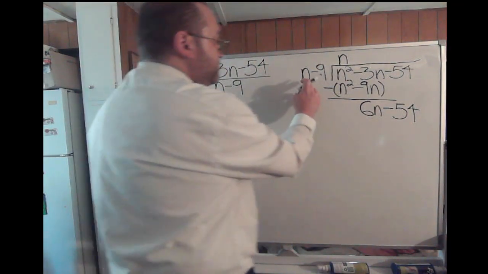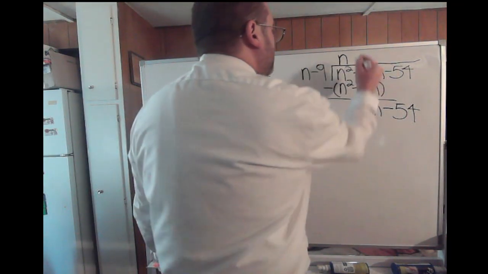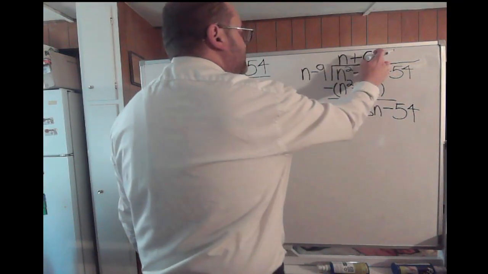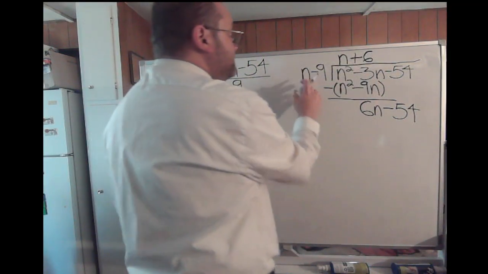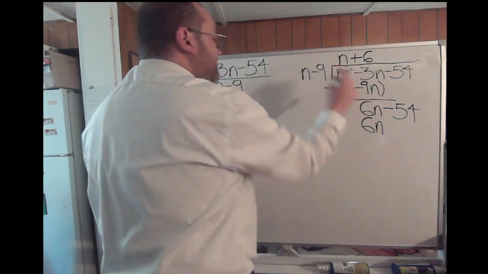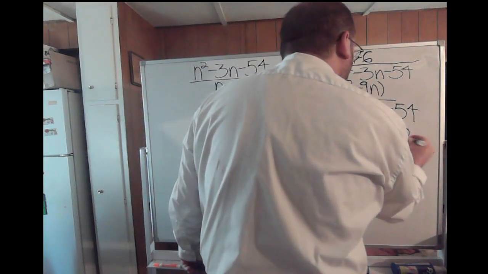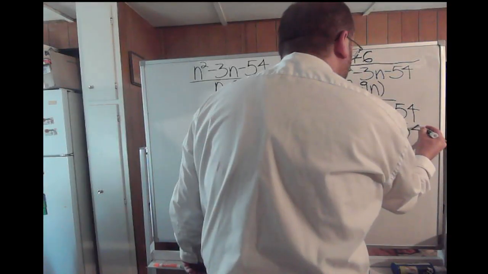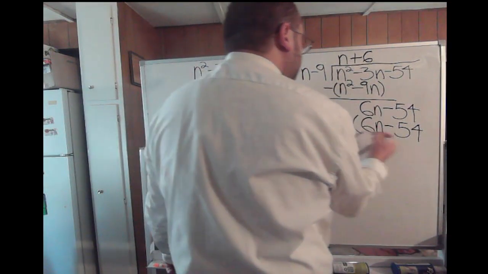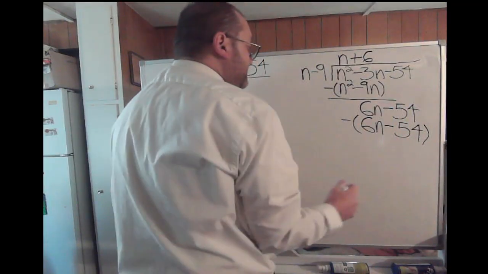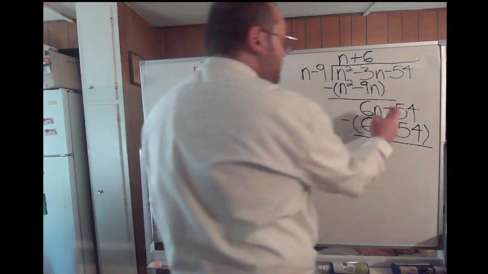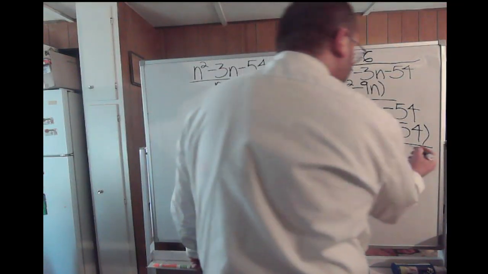Now n times what equals 6n? Well, that'd be positive 6. Now take that 6 from the quotient, 6 times n, that's going to be 6n. Then 6 times negative 9, that's negative 54. So then you're going to go ahead and subtract what you just got from what was from the dividend. 6n minus 6n, that's 0. Negative 54 plus positive 54, that's 0.